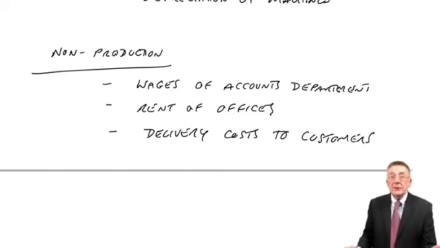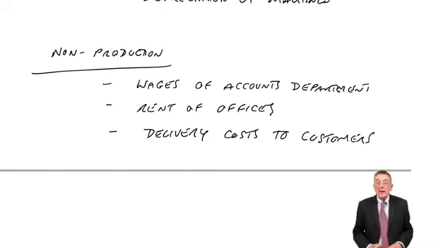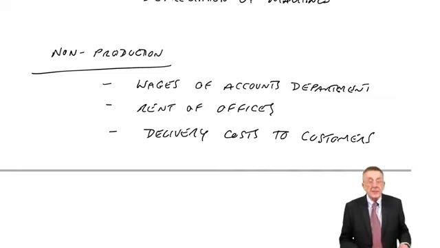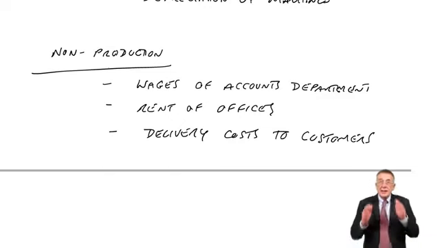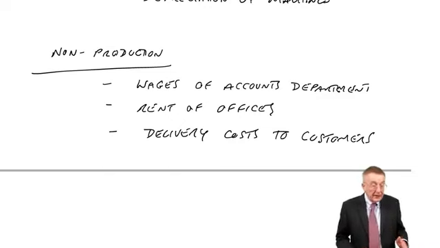So there'll be lots of other costs that are non-production. But as I've said so many times, for most things as we go through, we're not interested. It's the production costs we're after.